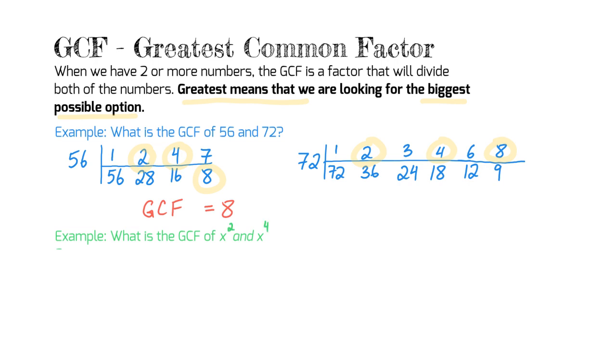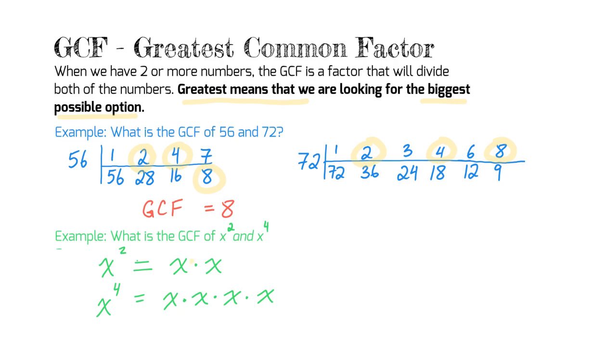Let's look for a GCF of some variables. What would be the GCF of x squared and x to the power of 4? To find the GCF of these two, I'm going to write them in expanded form. Because we don't know the actual values of x, I can't make a factor tree, but writing them in expanded form does show me what they're made of.